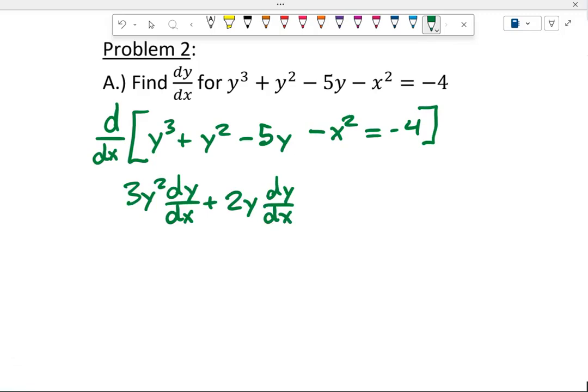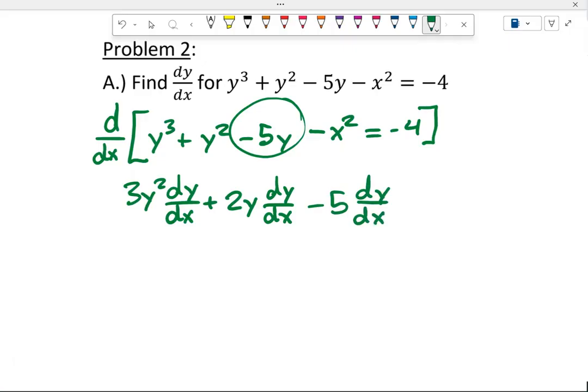Next term, Delilah, negative 5y, what's its derivative? It's like negative 5x, what's the derivative? Just the 5. But it has a y, so what does it need with it? There we go. That's it, guys.